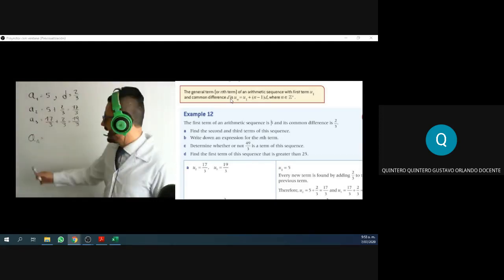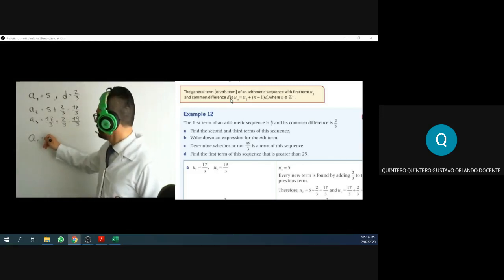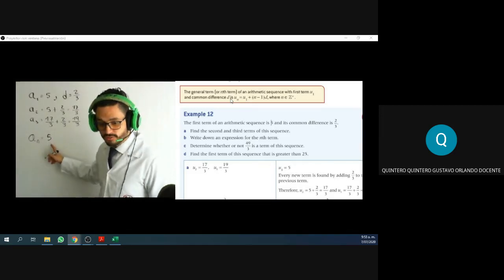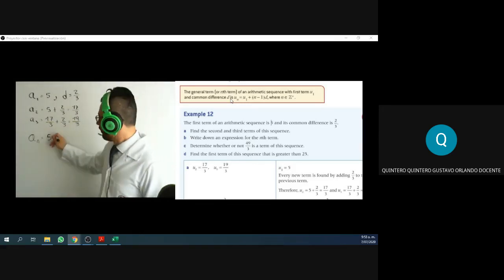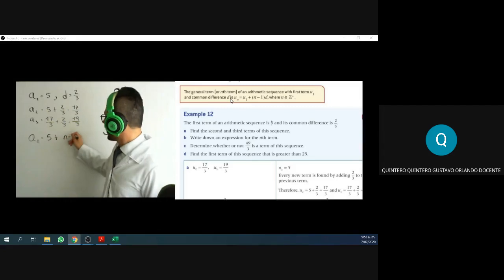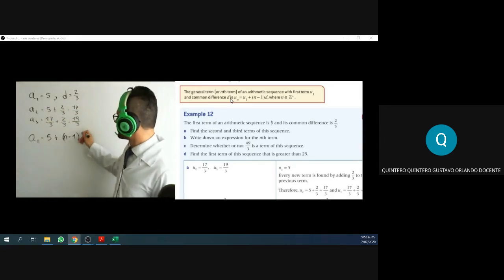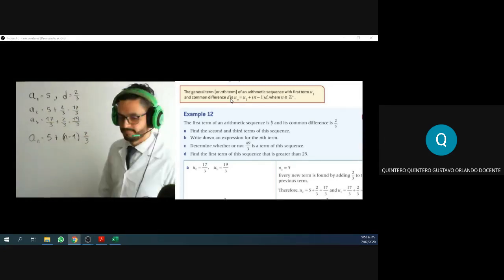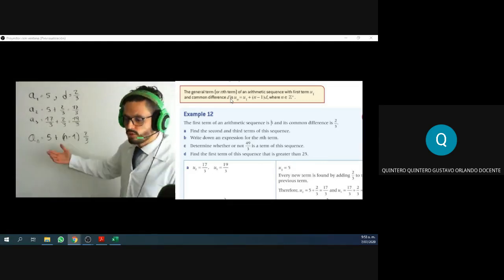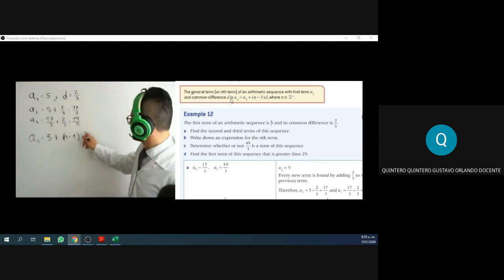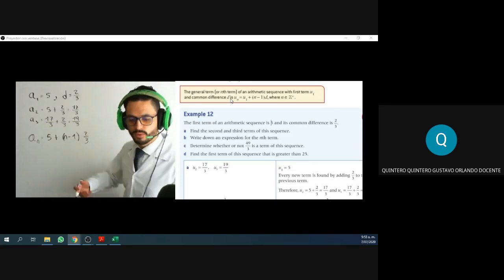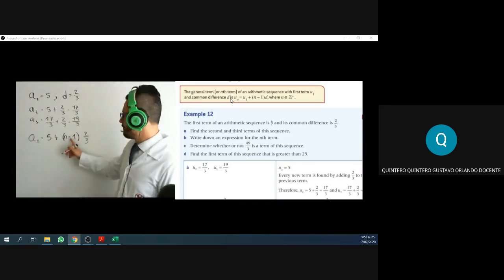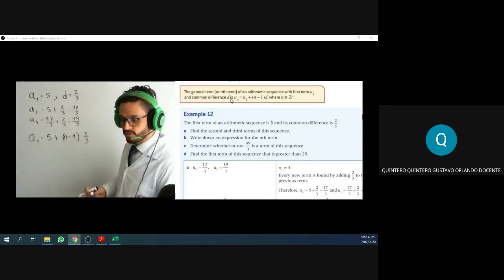So it says that A sub n is equal to the first one, so 5, right? The first position, that is what it says there, so 5. Plus n minus 1 times the difference, 2 over 3. From here, all we do is the operations. N minus 1, you can distribute this.